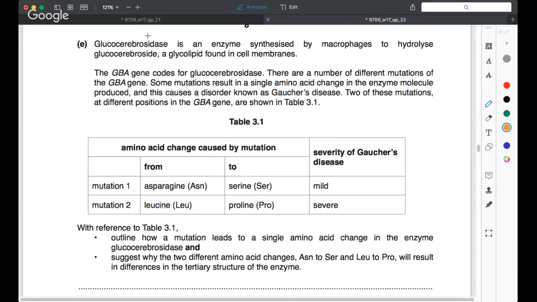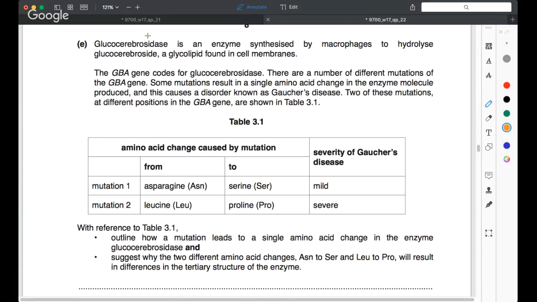A mutation of the GBA gene leads to a different nucleotide sequence of the gene, which leads to a different triplet code, which leads to a different codon of the mRNA being formed, and thus it binding with a different tRNA and anticodon, forming a different amino acid in translation.